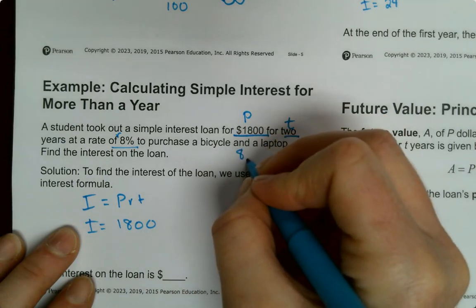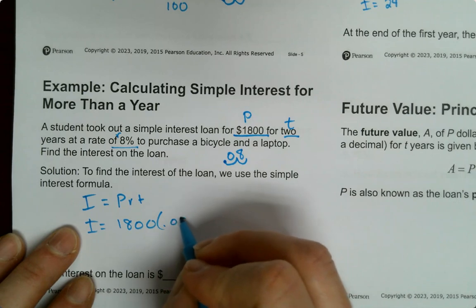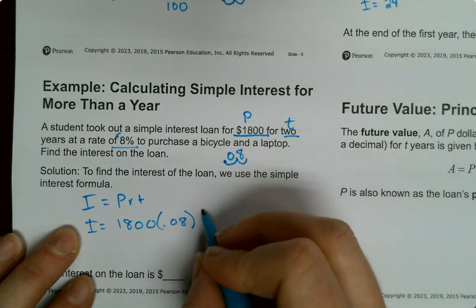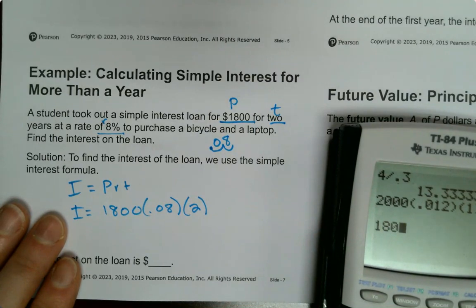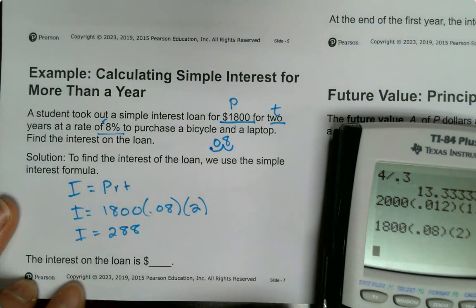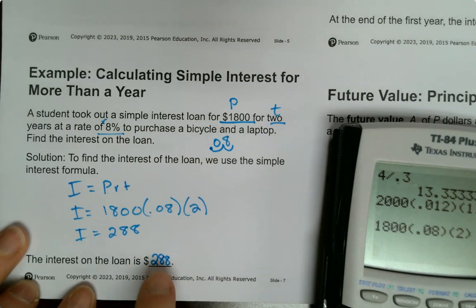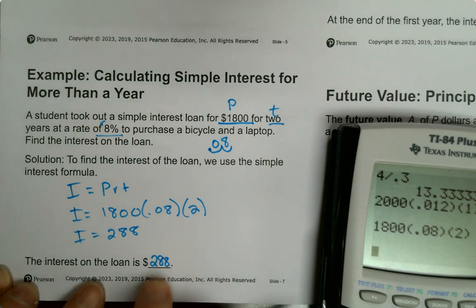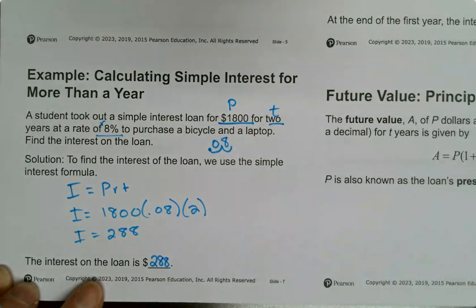The rate, I moved over 2 places, 0.08, times the 2 years. That's $288. So the interest on the loan is $288. So since it's a loan, that's the amount of money in addition to the loan that you will pay back, or have to pay the bank.